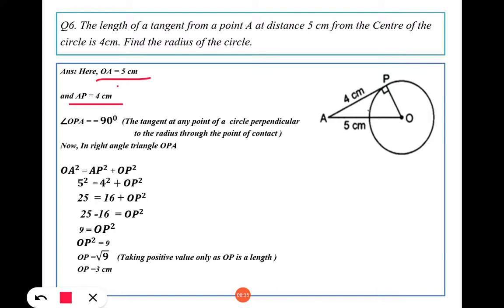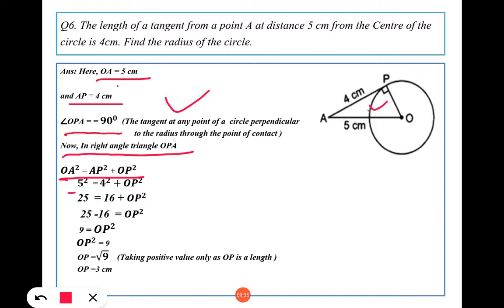Now angle OPA is equal to 90 degree, because again the tangent at any point of a circle is perpendicular to the radius through the point of contact. Now it means triangle OPA is a right angle triangle. Now in right angle triangle OPA, applying Pythagoras theorem, we have OA square is equal to AP square plus OP square.